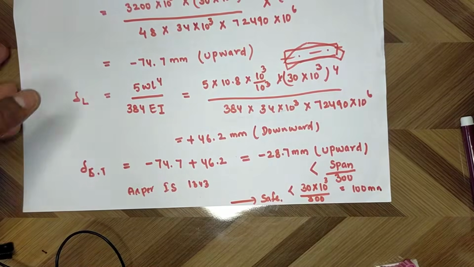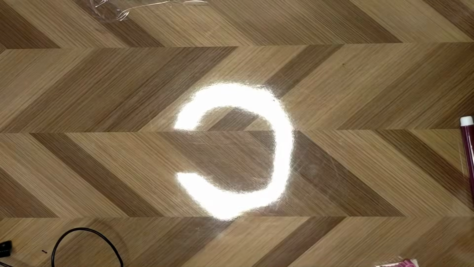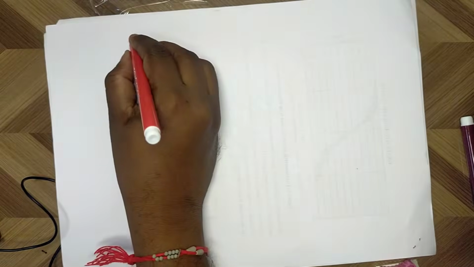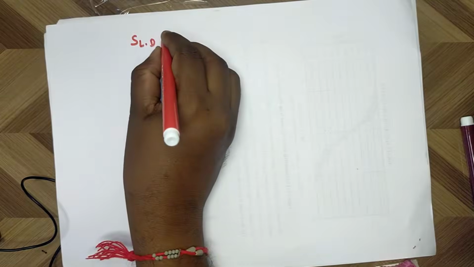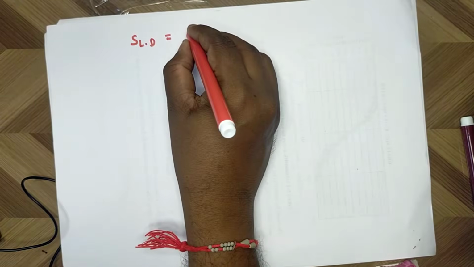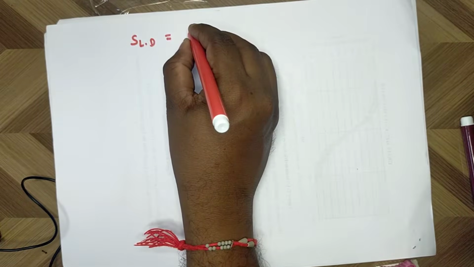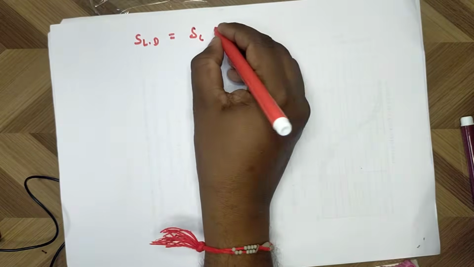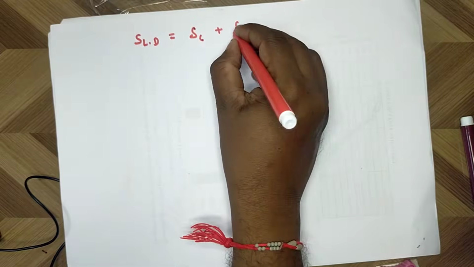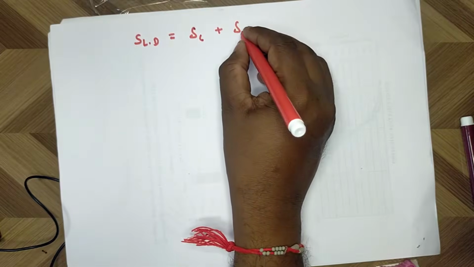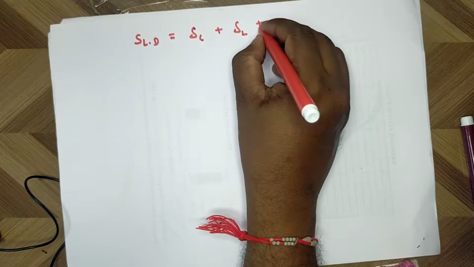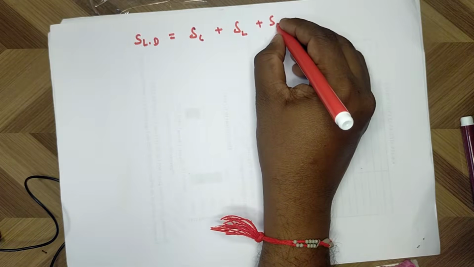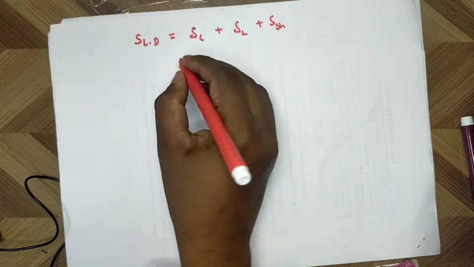Now we need to determine long-term deflections. Long-term deflection is equal to deflection due to creep plus deflection due to live load plus deflection due to shrinkage or loss of prestress, right?